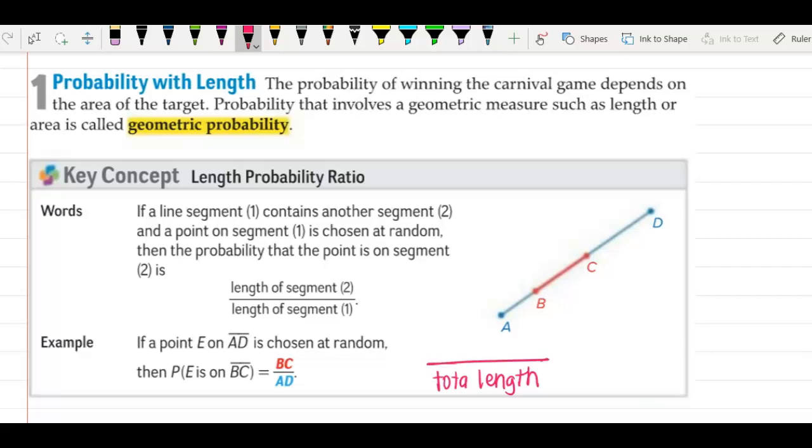And then on top, we would want the desired portion, let's call it. Okay, so if we were asking what's the probability that we plot this extra point on AD, what's the probability it actually lands between BC? We would put BC as our desired length, and then AD would be the total length. And we would be given measurements to obviously figure that out.